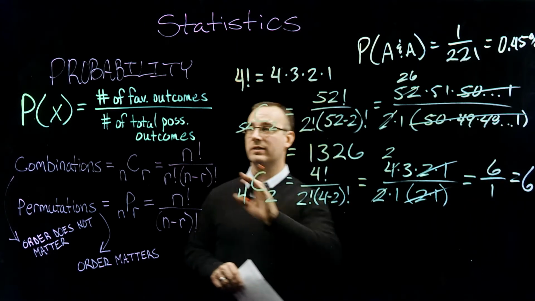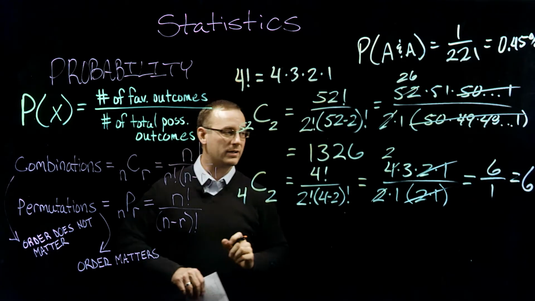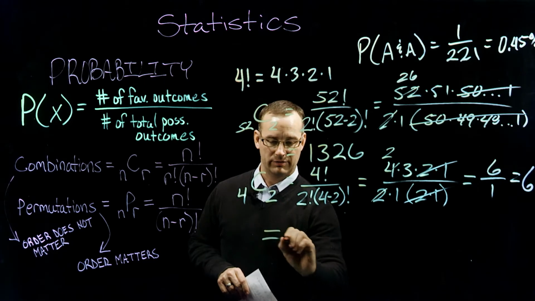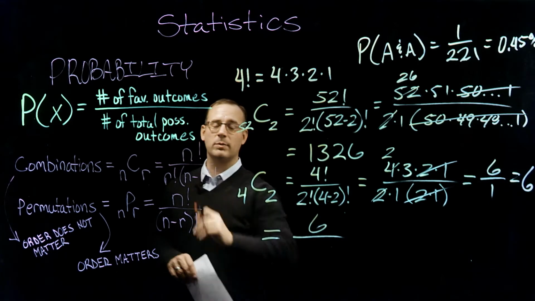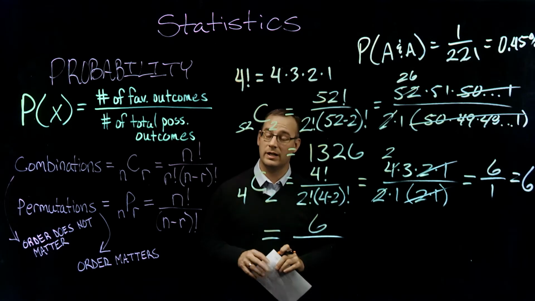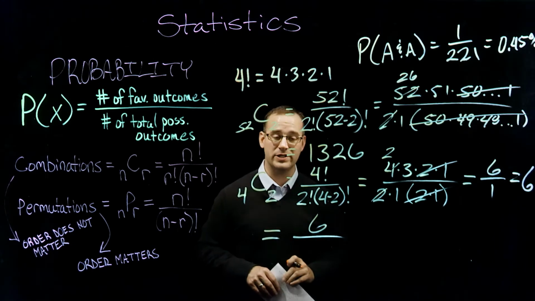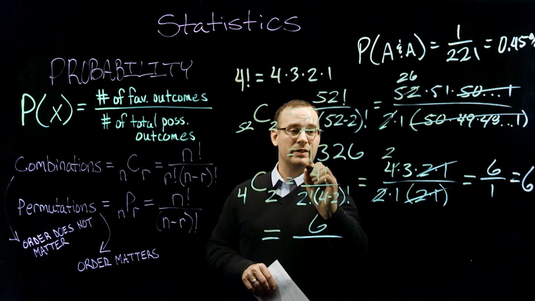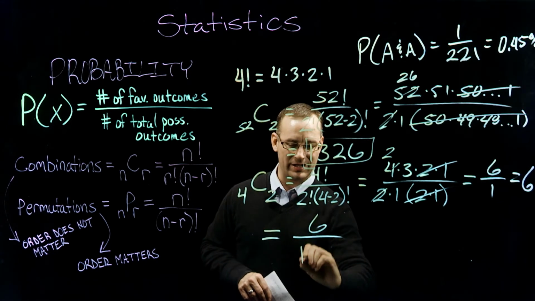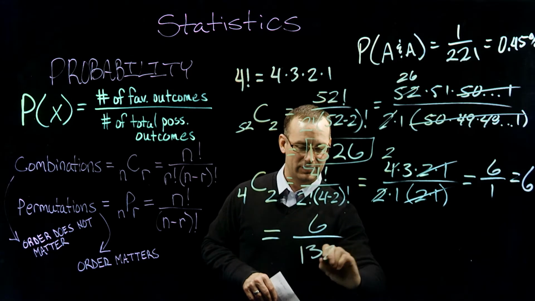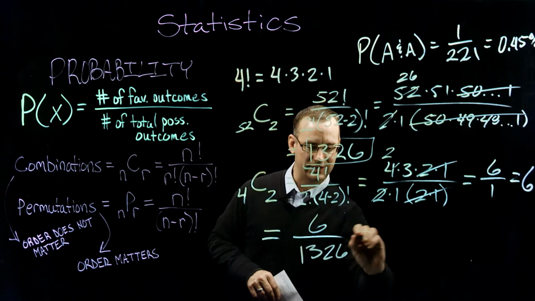Now we've got our numerator and our denominator. The number of favorable outcomes, 2 aces in our hand, is 6 combinations that will do that, out of the total starting hands of two-card combinations, 1,326.